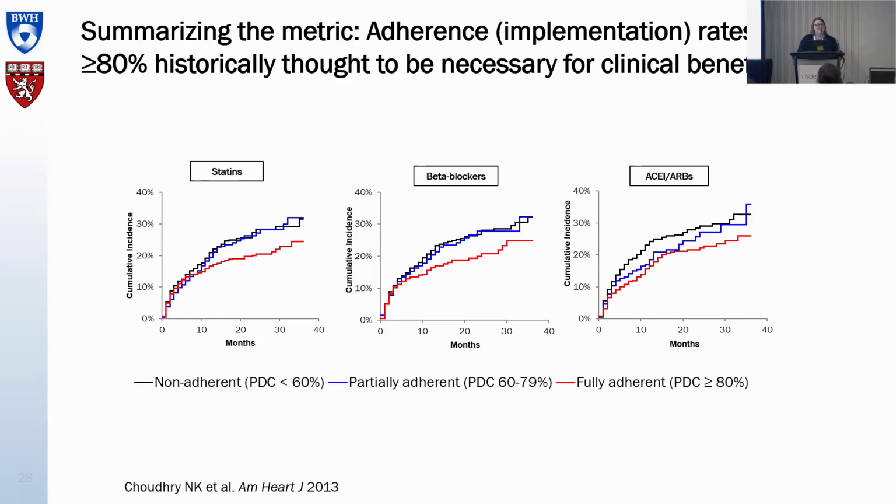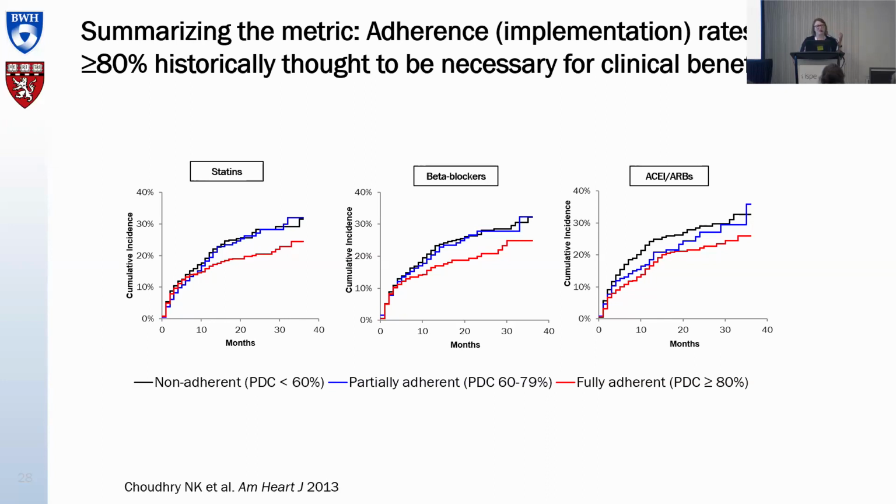Okay, so now what is adherent? I gave you these 2 examples. One patient was 74% adherent, the other patient 56. What is good? Well, good depends on the disease state you're working in. Robert works mostly in HIV. He's always saying near perfect adherence is really what you need.